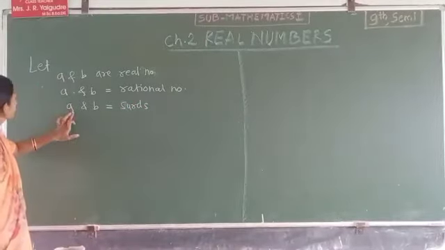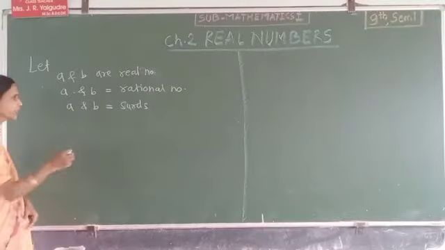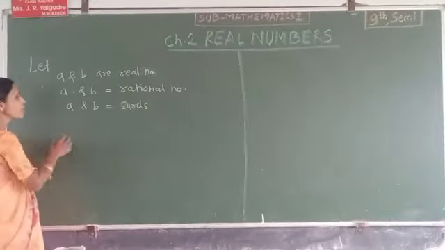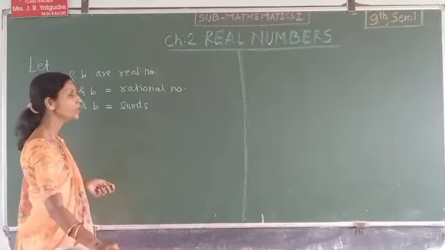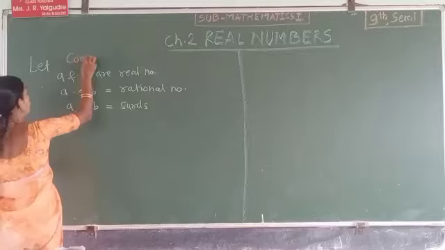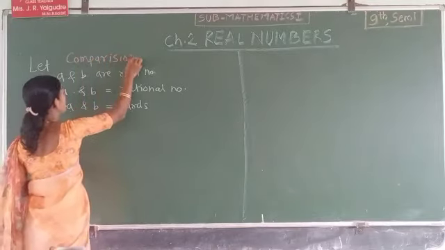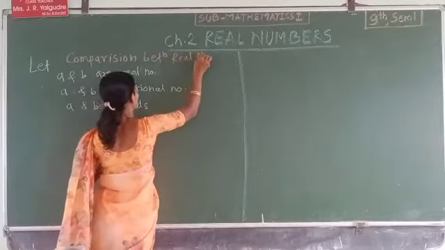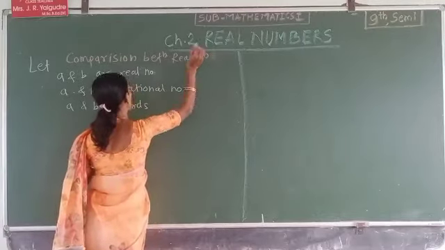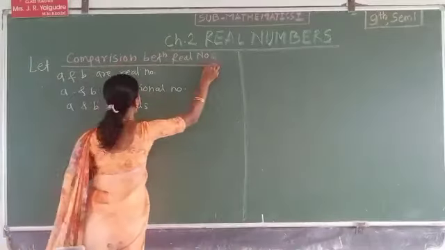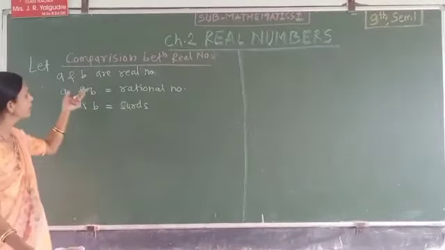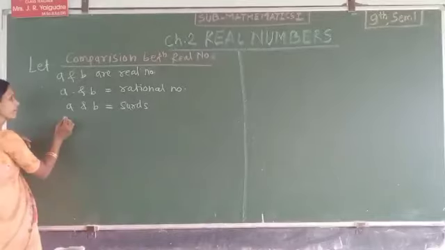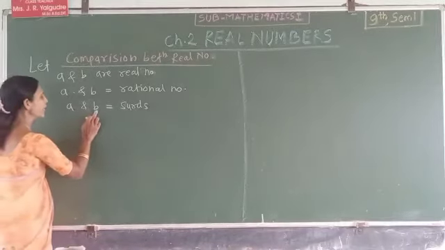If A and B are any real numbers, then there are total three possibilities when we compare between those two numbers, that is comparison between real numbers as well as comparison between surds.